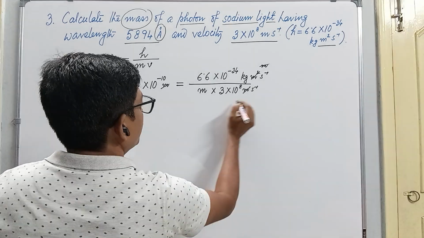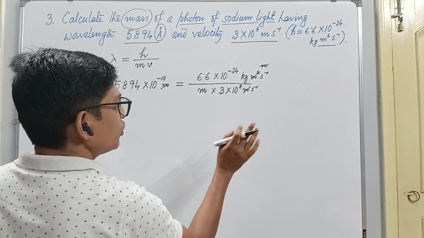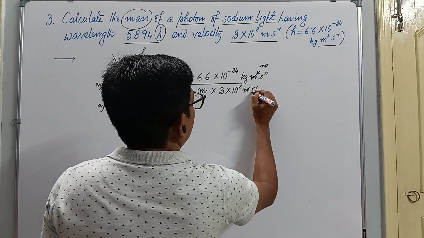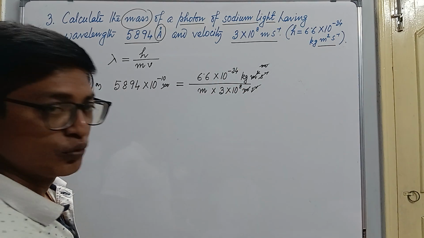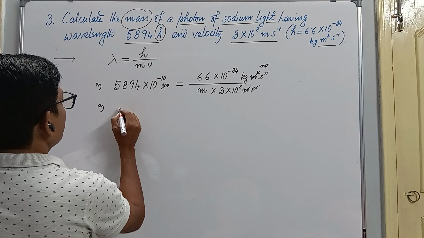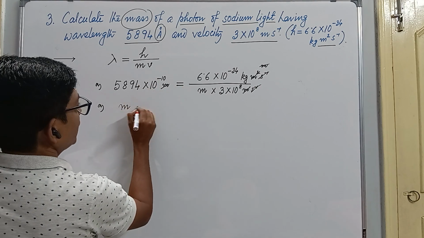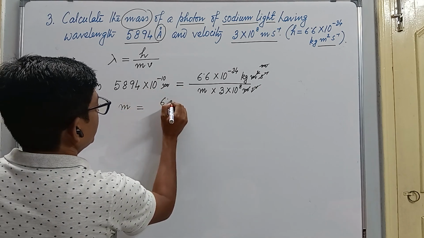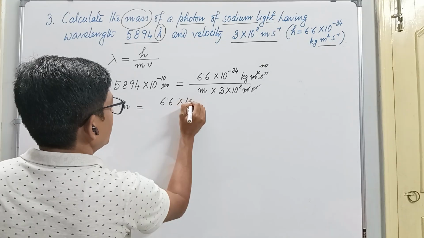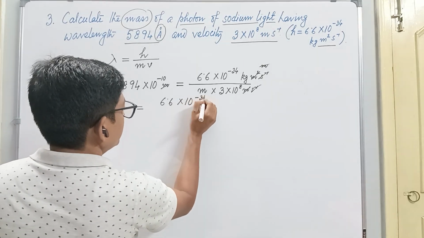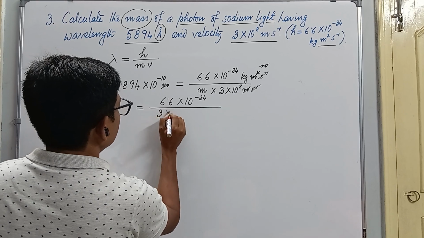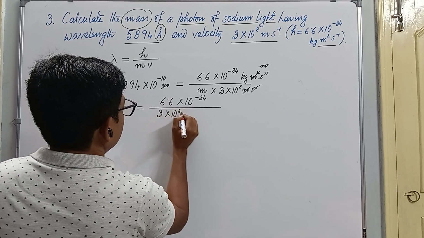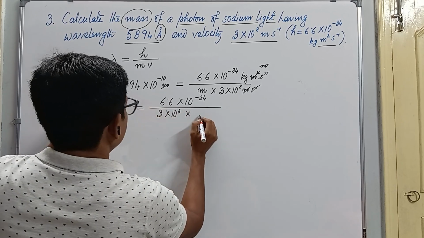Okay, mass is gone. This mass I don't know, so what is left over? Only the kg. So it is expected that the mass we are going to get will come in the kg unit. So now mass can be written like this: 6.6 into 10 to the power minus 34, whole divided by this value 3 into 10 to the power 8, into this one will come to the denominator.